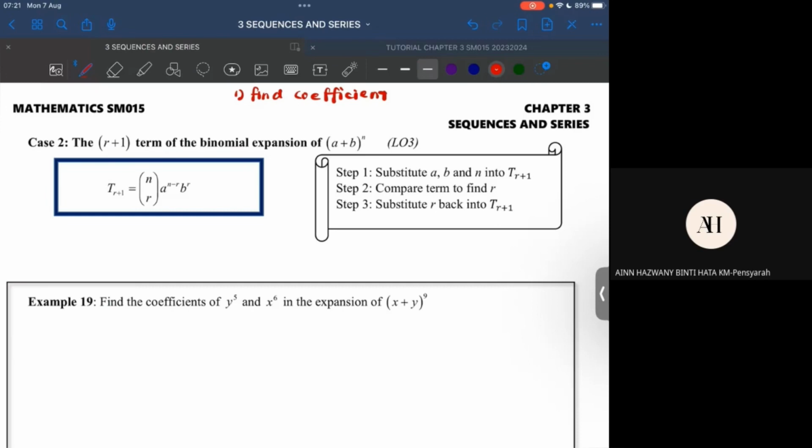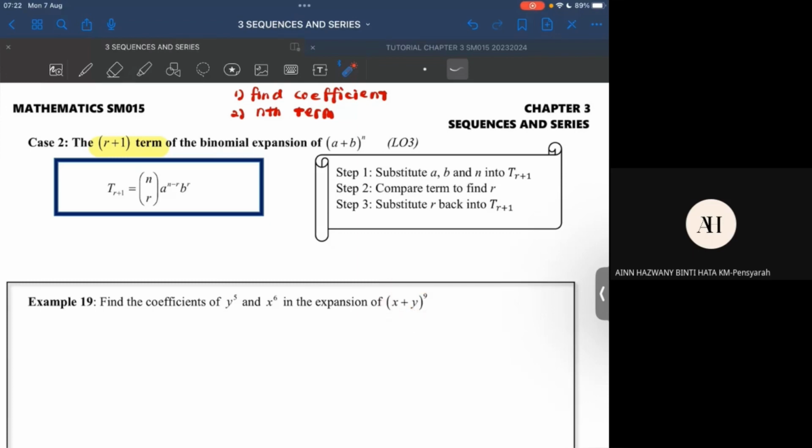Okay, so the R plus 1 term bila kita nak guna ialah nombor 1 whenever the question said find coefficient. Nombor 2 ialah bila dia suruh cari n term. N term dekat sini contoh soalan ialah find the 5th term in the expansion of x plus y to the power of 9. Takkan kita nak expand satu-satu macam kita buat tadi.